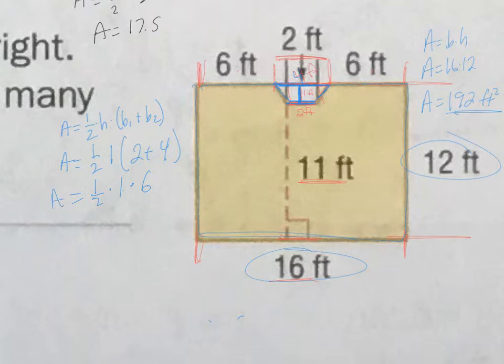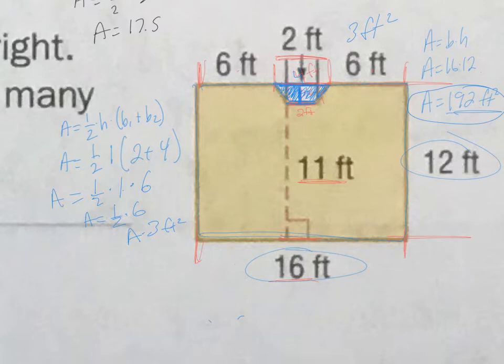So 1 times 6 is 6, 1/2 times 6 is an area of 3 feet squared. So this little area right here is 3 feet squared.